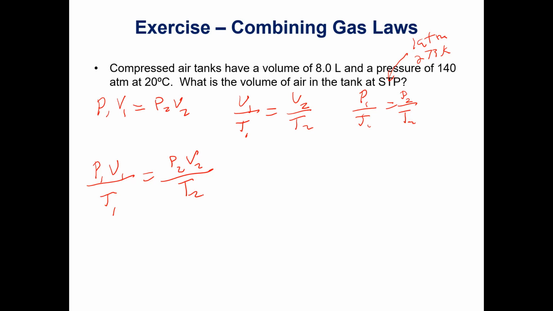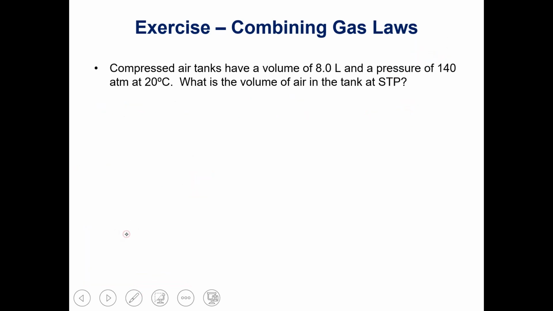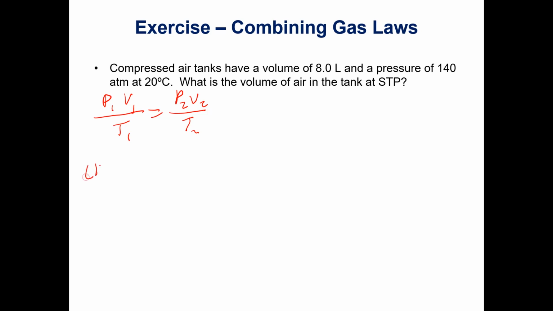So I'm going to again erase all of this so that I have enough space here to work this out. So we have P1V1 over T1 equals P2V2 over T2. And we have a P1 of 140 atm, a volume of 8 liters, and 20 degrees Celsius.